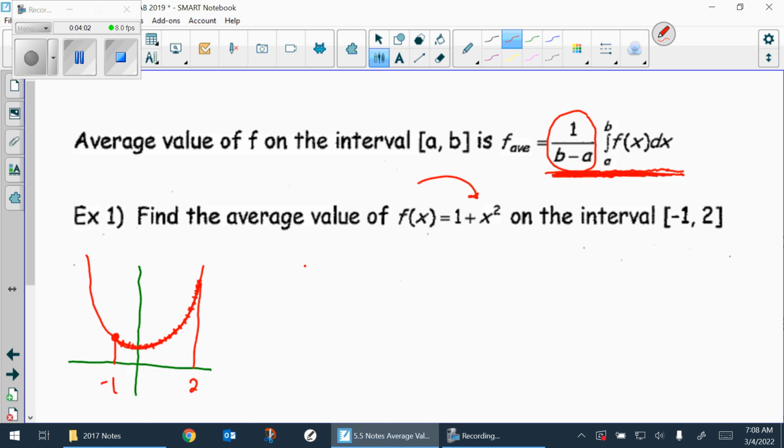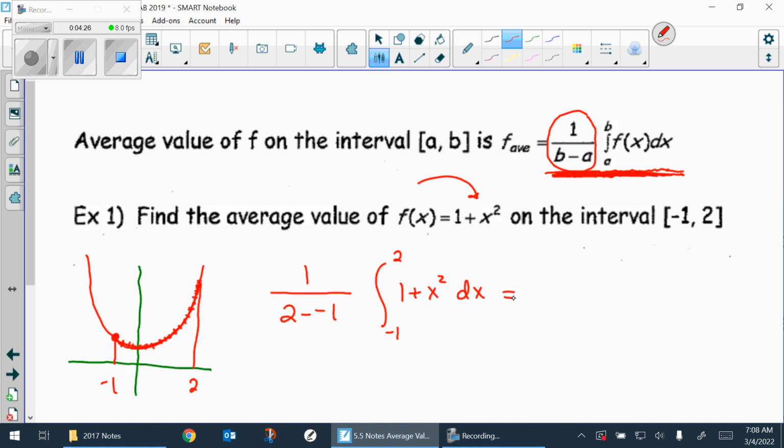1 over 2 minus -1, times the integral of 1 plus x squared dx, and I'm going to evaluate this between -1 and 2. I could do this without a calculator, but we'll do it with a calculator. This is chapter 5.